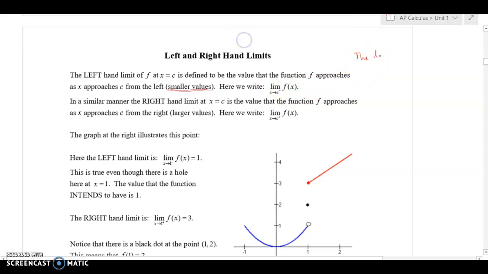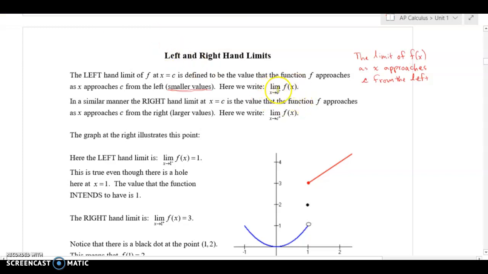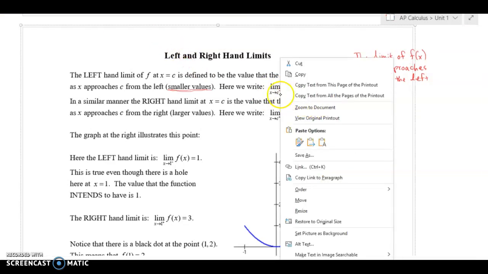The limit of f of x as x approaches c from the left. Okay, so the only thing that we're adding from yesterday is this little minus sign up here.